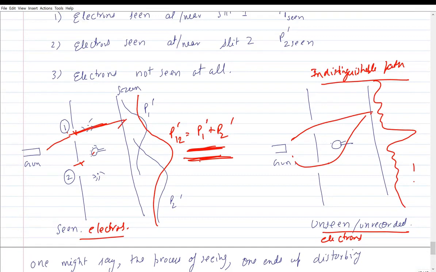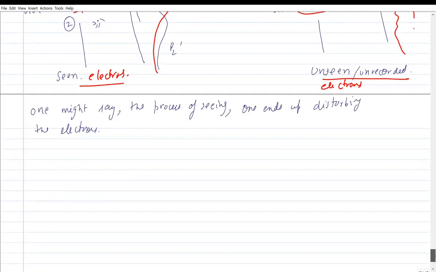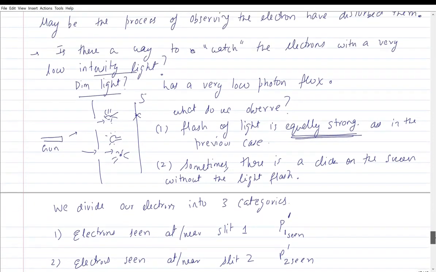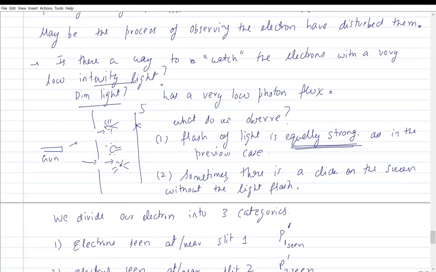By dim light, I am just reducing the photon flux. So dim light basically means low photon flux. That doesn't change the wavelength of light. That's why the flash of light I see is equally strong.